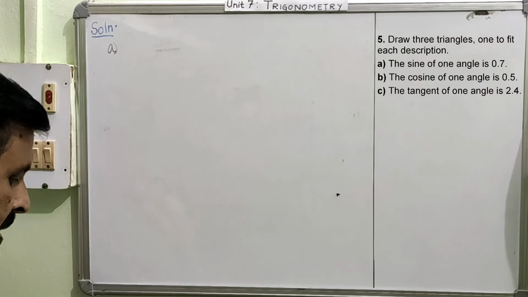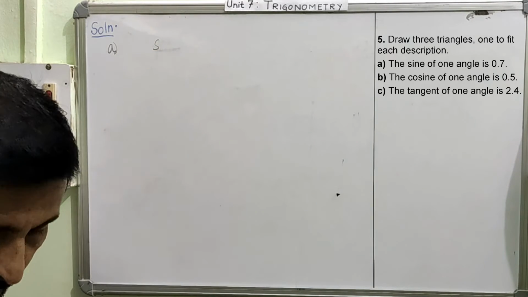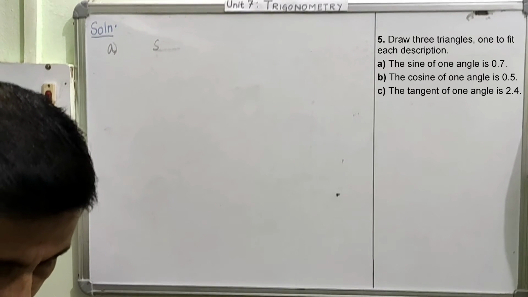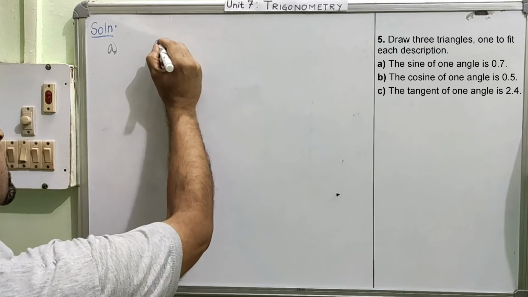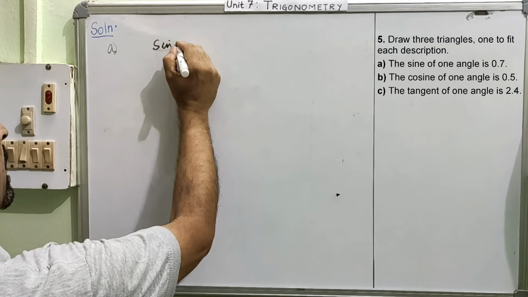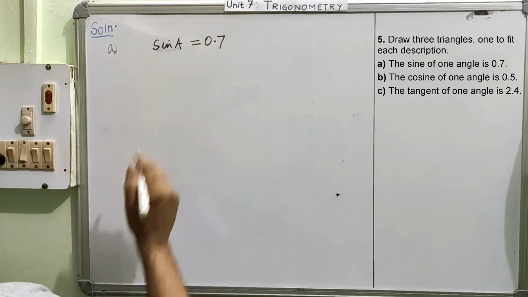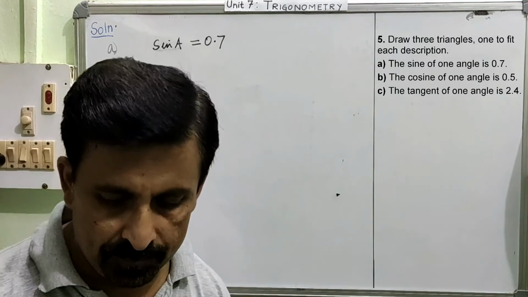Suppose that angle is A. So sine of angle A is given as equal to 0.7. For this situation you have to draw one triangle.